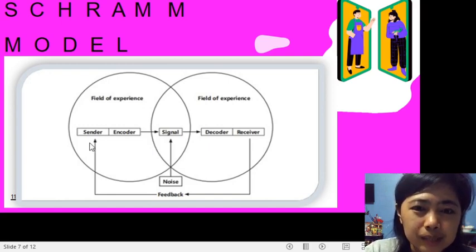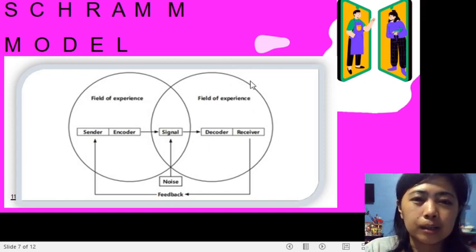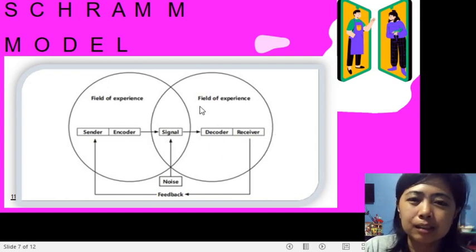So from the 5 basic elements, the sender, encoder, then the signal, decoder, the destination itself, what Scrum added is the field of experience. Scrum made sure that the sender has the expertise of his environment, and the receiver of the message also has his own expertise.